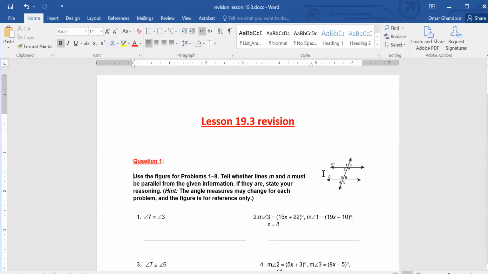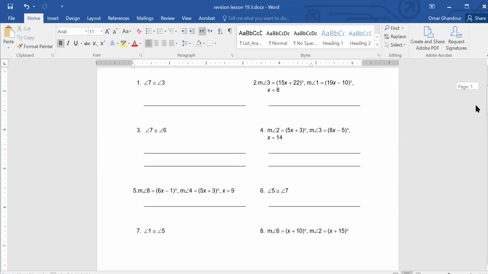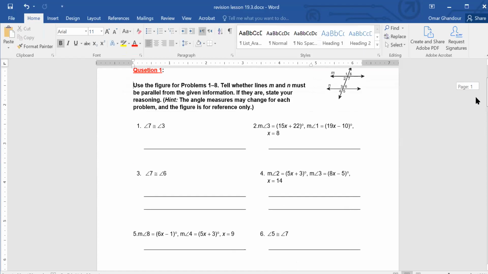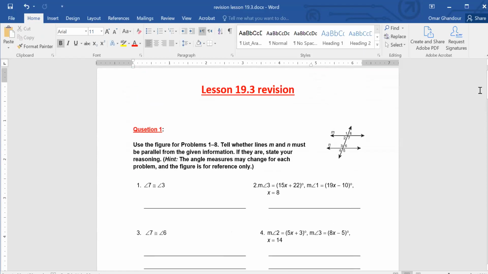Tell whether lines M and N are parallel using the given information. For each one from question 1 till question 8, you are given a piece of information, and using this information, we have to tell: are lines M and N parallel or not? And if they are parallel, state your reasoning.